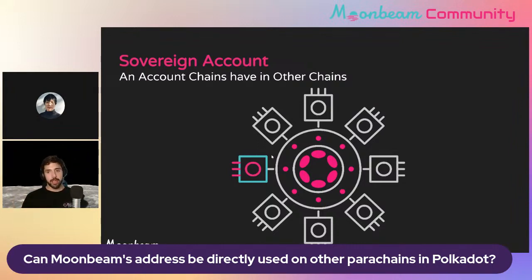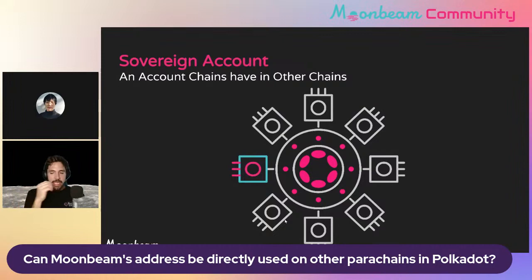Other parachains use SR25519 cryptography, and they use what we call Substrate style accounts. So you cannot just grab your private key on Moonbeam and connect it to any other parachain in the ecosystem. That's not going to be possible because the derivation is not correct.